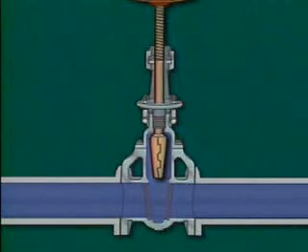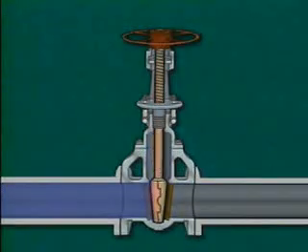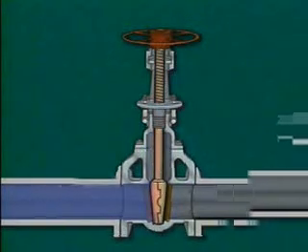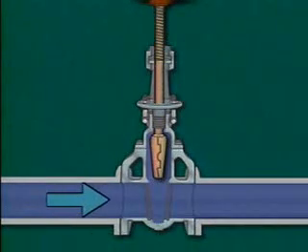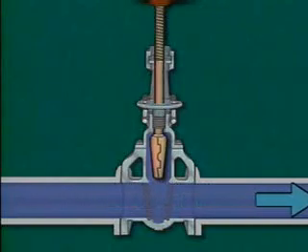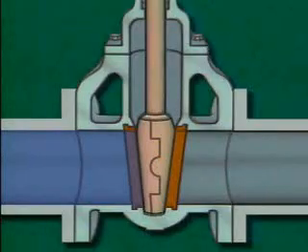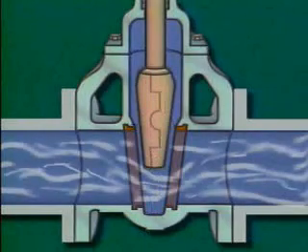Gate valves work best when they operate in either the fully open or the fully closed position. When a gate valve's disc is completely raised, fluid flows straight through the valve with little obstruction. However, if the disc is partially raised, a space opens on either side of the disc and fluid passes under the disc.